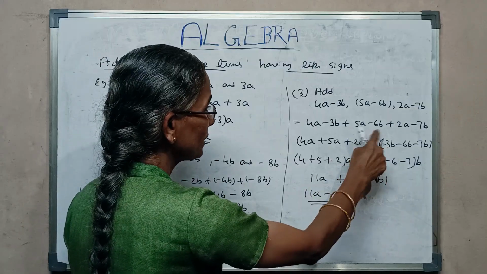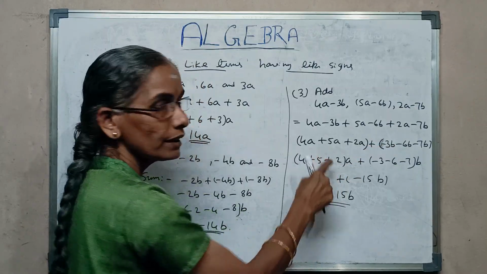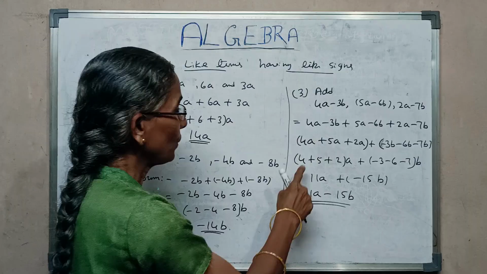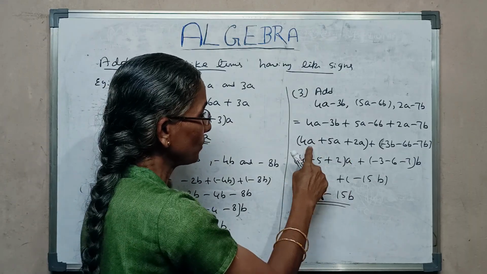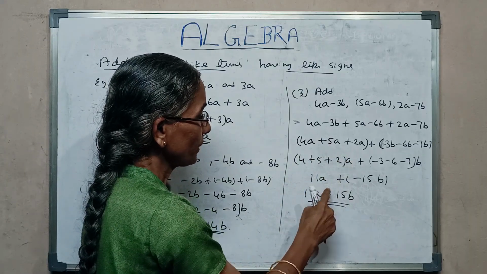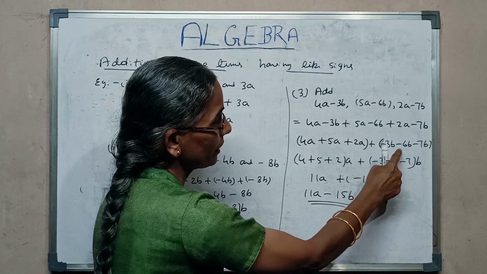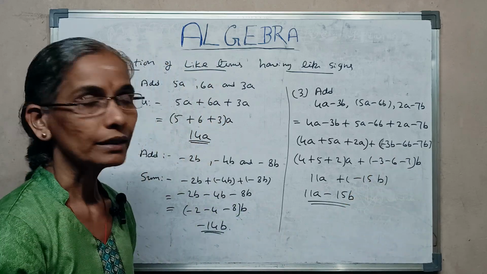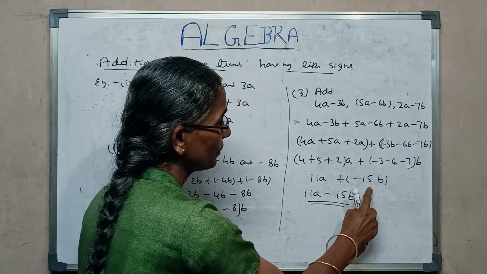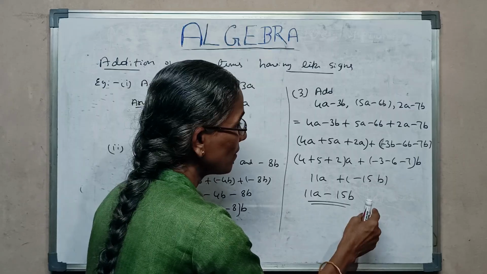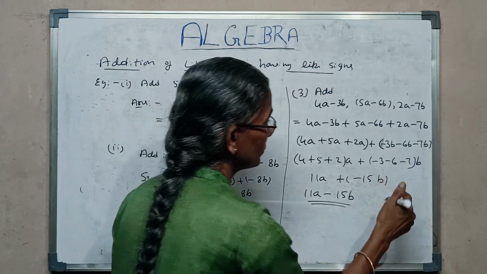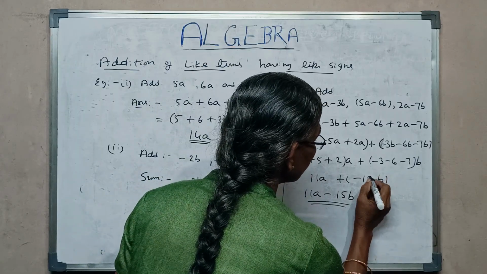So separating these terms and then adding them: 4 plus 5 is 9, 9 plus 2 is 11a. Here minus 3 minus 6 is minus 9, minus 9 minus 7 is minus 16.